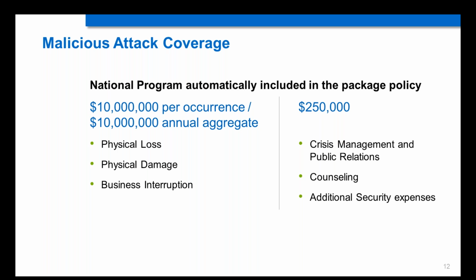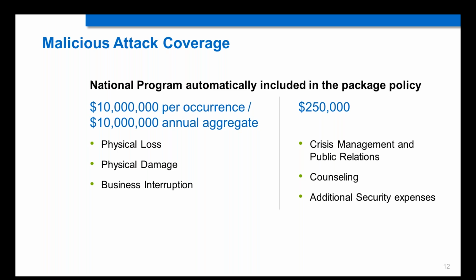Another great part, to the right side of the screen, you see there's a $250,000 limit which provides crisis management and public relations. So after the attack, how do we handle public relations? How do we make people feel safe again? There's counseling that's built in that up to $250,000. How do we get people help who lived through this?